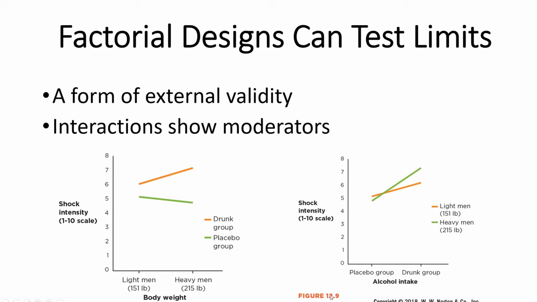And we can flip our two independent variables again and look at the same information presented a little bit differently. Here we have our placebo group and our drunk group on the x-axis with the different colors indicating light or heavy. In the placebo group, light men delivered more intense shocks than heavy men, and in the drunk group, the heavy men delivered more intense shocks than the light men.